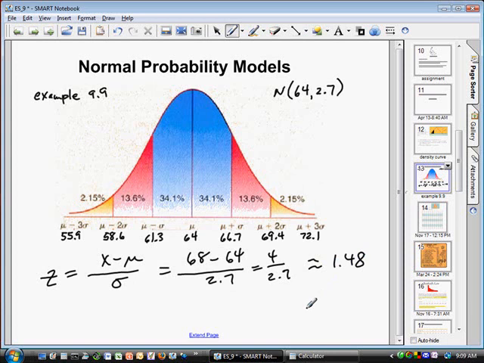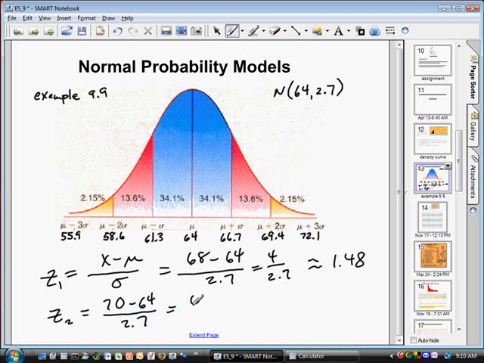Okay, and we're going to look up the probability for that, but why don't we do the other one right away? I guess we'll call this Z1, and for our second one, this time we're using 70, the 70-inch limit on the top.